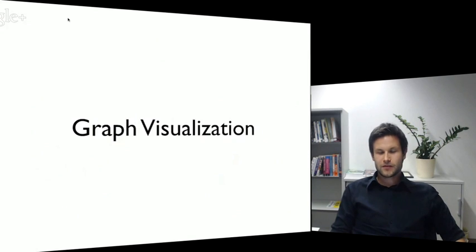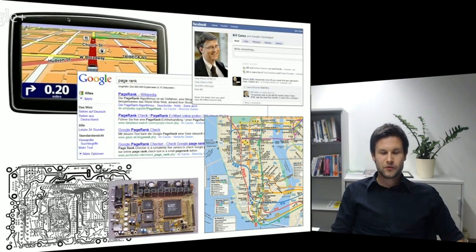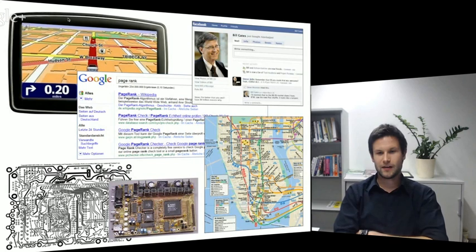All right, so graph visualization. As you know, graphs are really omnipresent if you look at any kind of applications. Like if you look at GPS navigation, of course, what is in the background is a huge graph. Then probably the biggest graph is the one that Google has indexed, and they're using that graph to do their page ranking.